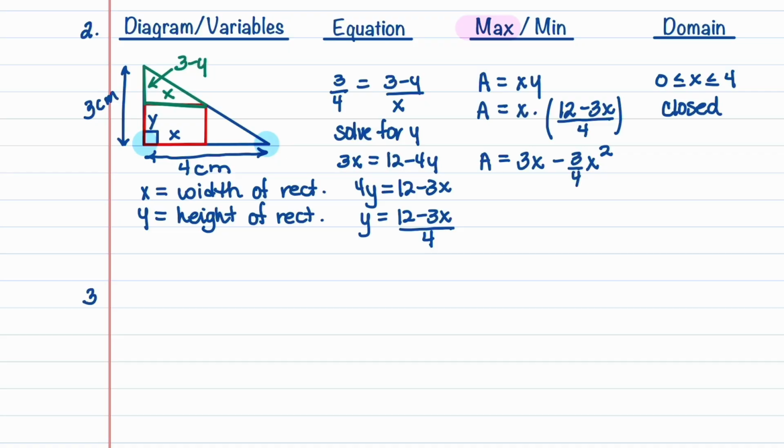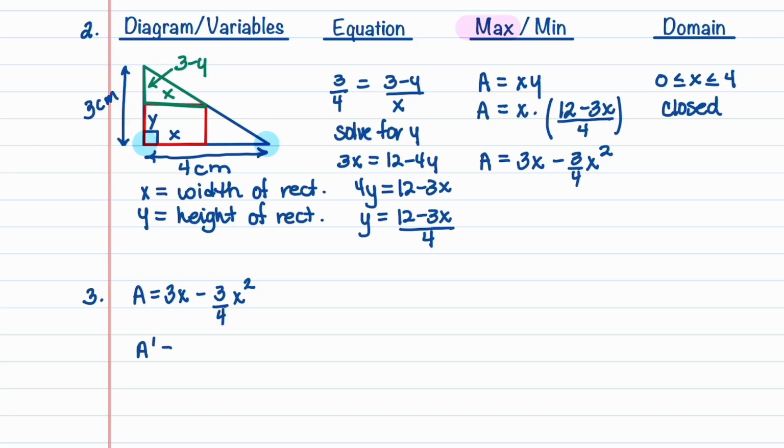For step 3, we want to take the derivative of our area function and find its critical values, and then find the maximum value of A. So let's rewrite A. A is 3x minus 3/4 x squared. Now we can take the derivative.